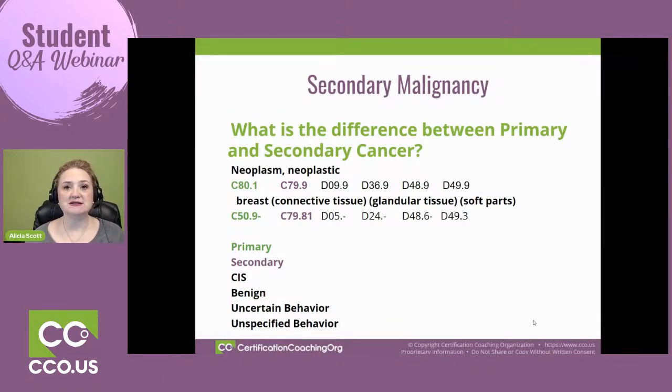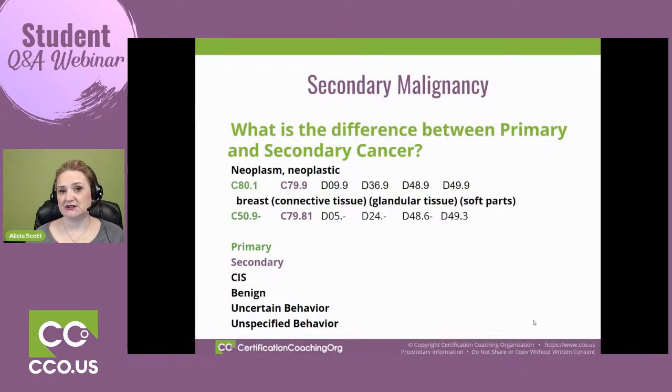When we see breast cancer, and it's just breast cancer, there's no other information regarding it's of the connective tissue or kind of a catch-all, that's a C50.9. I color-coded it so that you could see that it means primary. And then the secondary code for breast cancer of the same area, same description, is C79.81.